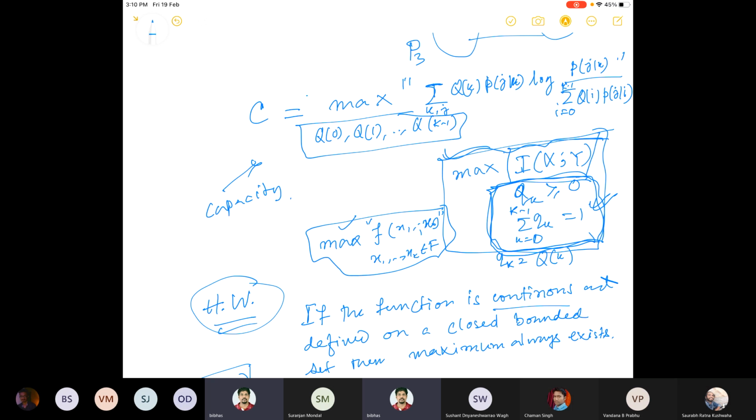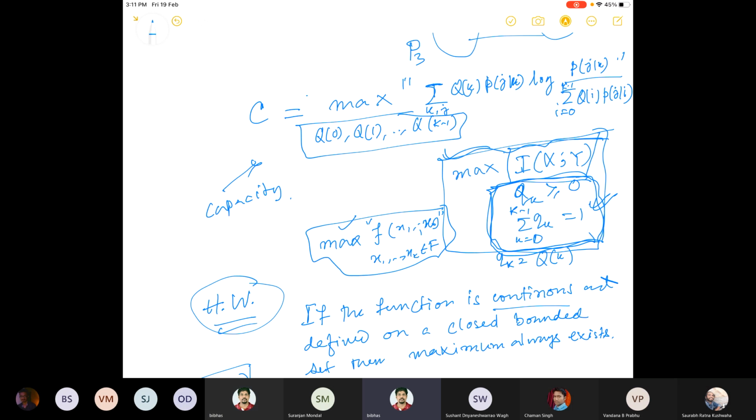I'll talk about the reliability of this, the reliable channel, later also. But when you are saying transmitting reliably, it means that the rate at which you are transmitting the data is below the capacity of the channel. That's why it is very, very fundamental in communication.